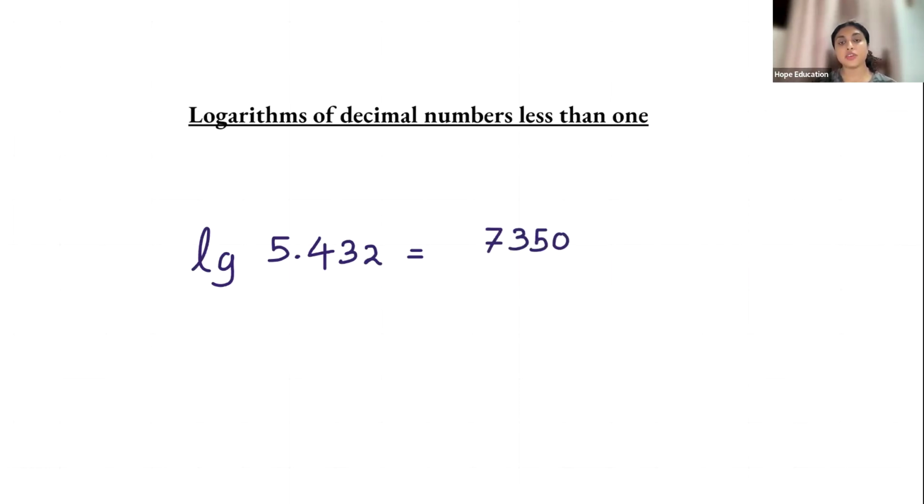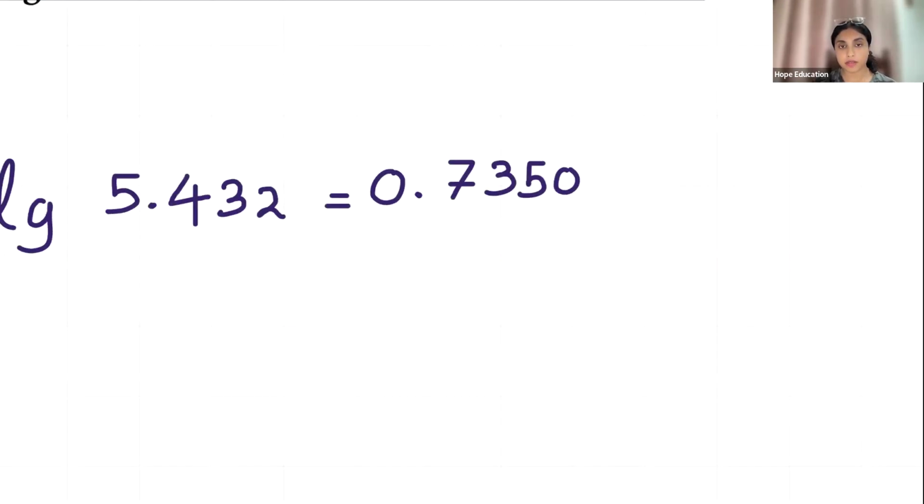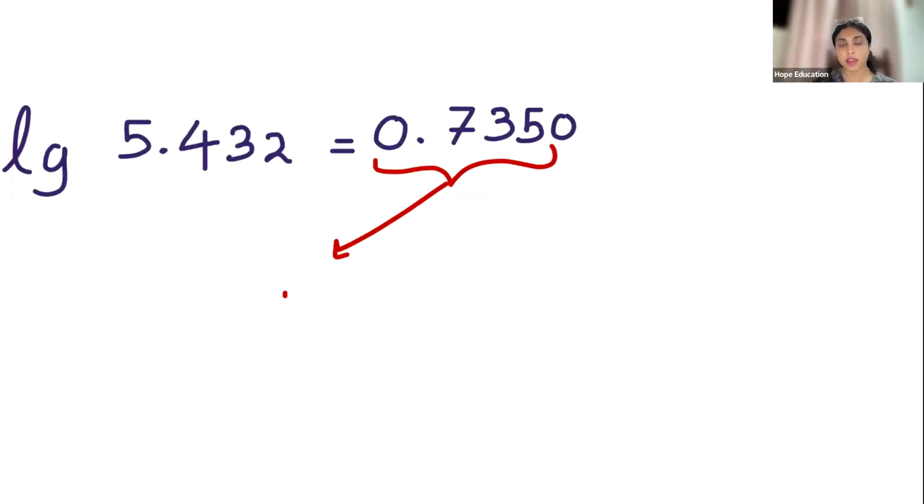Usually, children, when you take the log value, we say it has two parts. There is the 0, separately, and I have 7350 point, right?